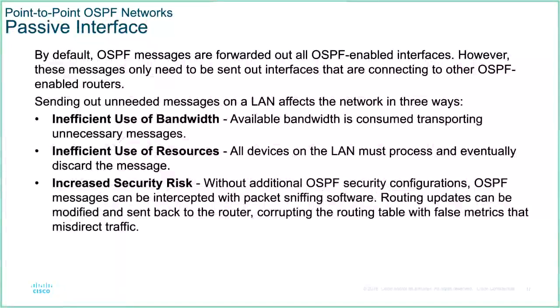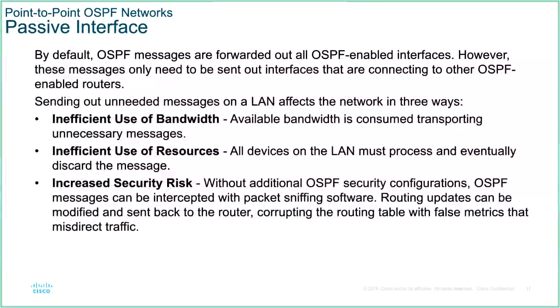Another one is bandwidth and resourcing. So if there is only one way in and out, for example, you might want to limit where updates are being sent. If it's on a very slow WAN link, you might want to limit your bandwidth consumption on that slow link.